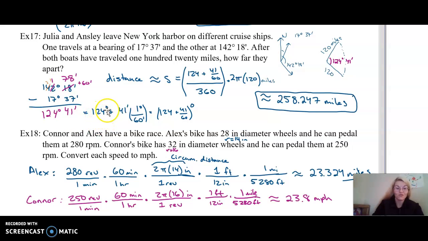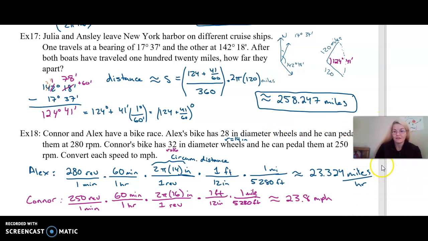So 124 degrees plus 41 minutes is 124 plus 41 over 60 degrees out of 360 degrees. That's the fraction of my arc. That's the fraction of my circle times my circumference, 2 pi r of 120. So about 258.247 miles. So again, very similar to the examples we worked out earlier.